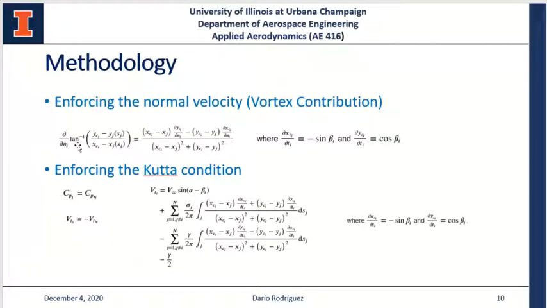It is the same procedure right here. We end up with this expression, and it is the same case: these partial derivatives can be expressed as a function of the angle between the positive x-axis and the normal vector to the corresponding panel.